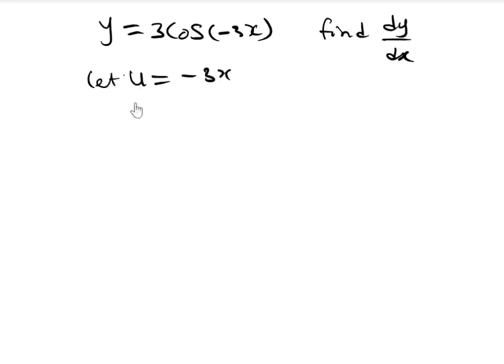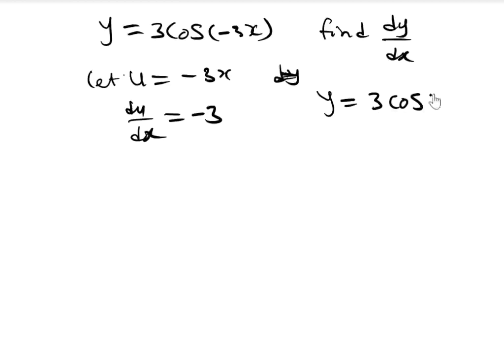If we differentiate u with respect to x, we get the differentiation of minus 3x, which gives me minus 3. Our y now will be equal to 3 cos u.